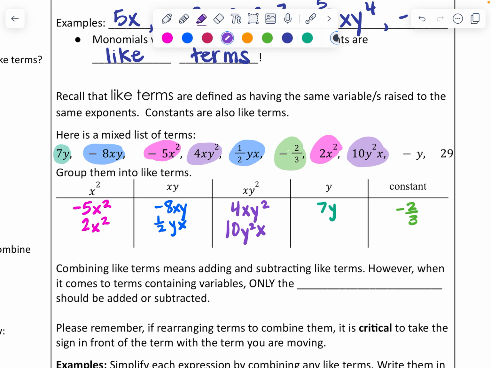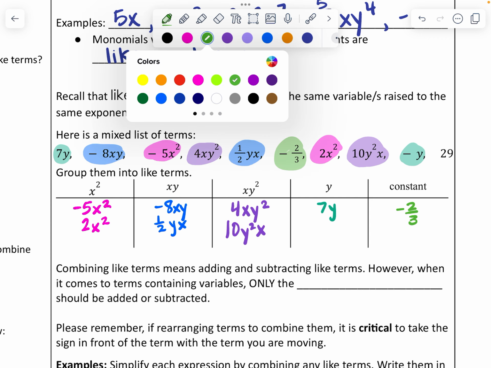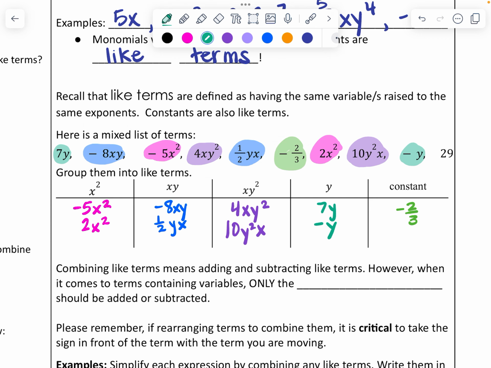Negative y. That's going to go here. And the last one, 29, there's no variable, so that is a constant.